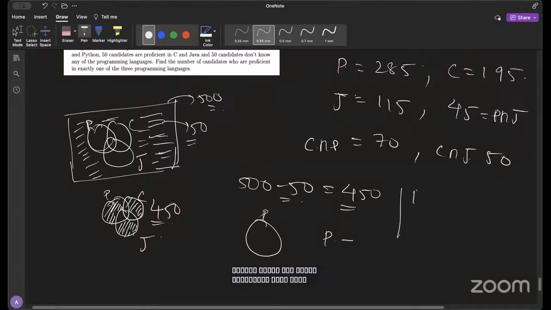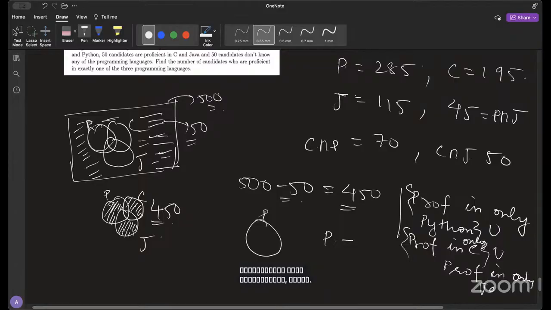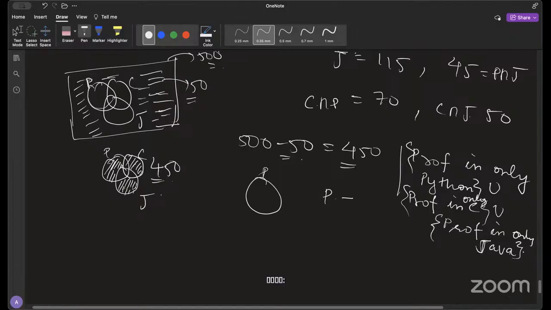That means proficiency in only Python, union with proficiency in only C, and proficiency in only Java. This is what is given. Is this part fine? This is what you have to find.